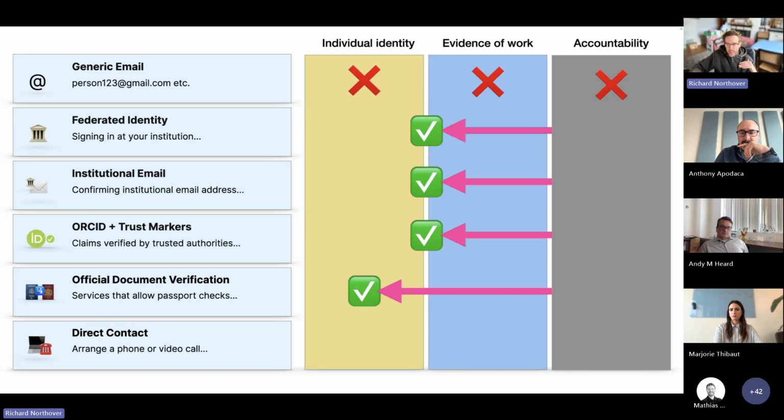Passport verification is an alternative, and it's a strong form of individual identity, which can be used to potentially strengthen the other claims that people make and potentially help with holding them individually accountable. If none of those things is possible, then we fall back, like I said, to more manual direct contact. And there are other options too, which I haven't mentioned here, but which we talk about in the report.